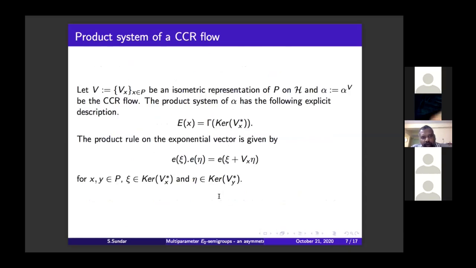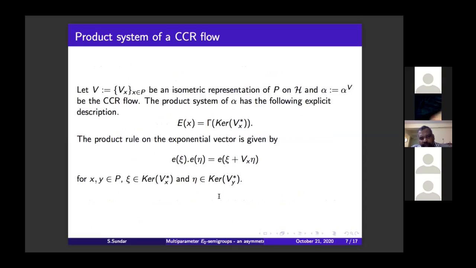So what is the product system of a CCR flow? This can be easily described. Look at an isometric representation V of P, that is a semigroup of isometries, and alpha is the CCR flow. Remember that alpha is acting on B(Gamma(H)). So the product system of alpha can be identified as follows. The Hilbert space Ex can be identified with the symmetric Fock space of the kernel of Vx star.